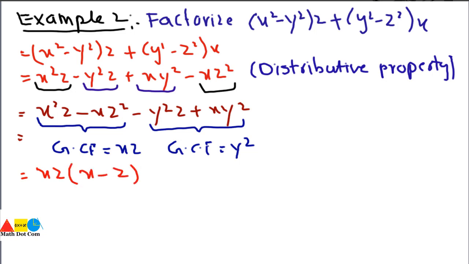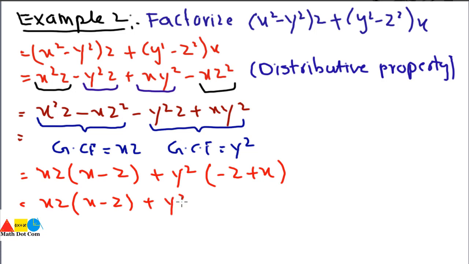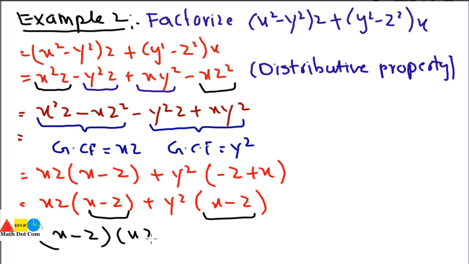Then we take plus y square, as y square is the GCF, and it will be minus z plus x. Then we rearrange the terms: x minus z plus y square into x minus z. Now it is clear that these are the same, so we can write the expression as x minus z into xz plus y square. These are the factors of the given expression.